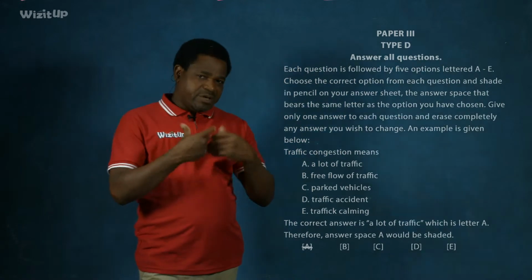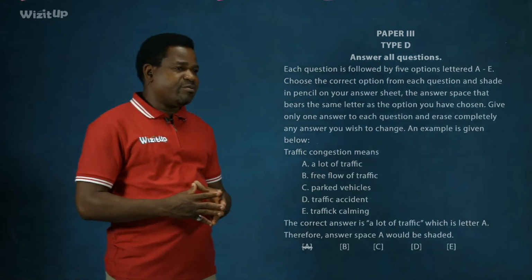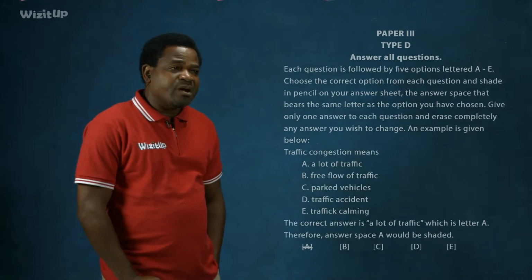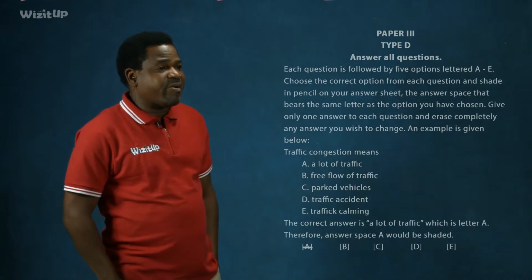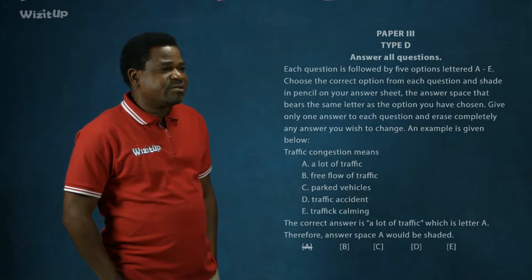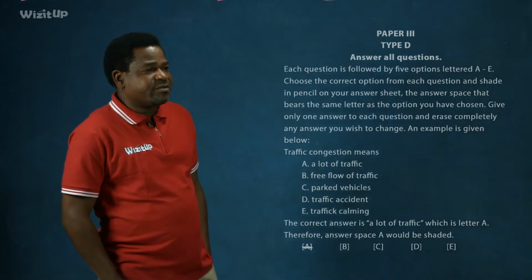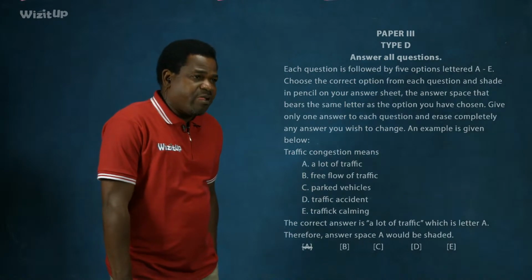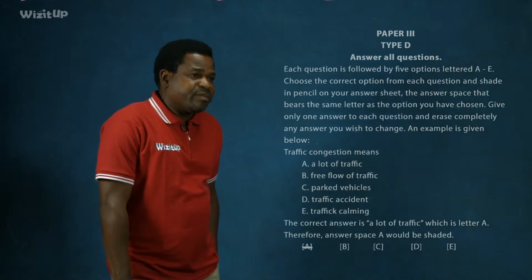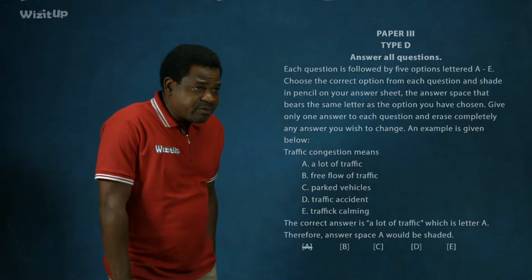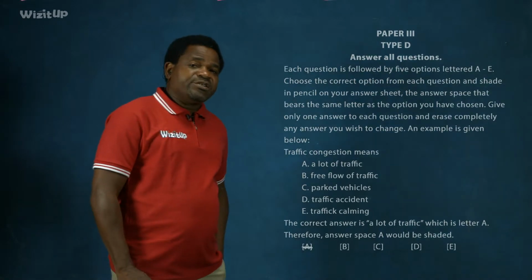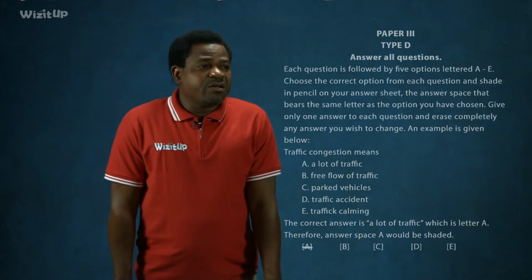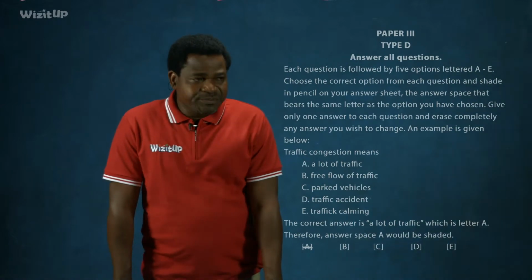Now, in the example, you have the statement, traffic congestion means, and you have 5 options there. A says, a lot of traffic. B says, free flow of traffic. C says, packed vehicles. D says, traffic accident. E, traffic calming, right?